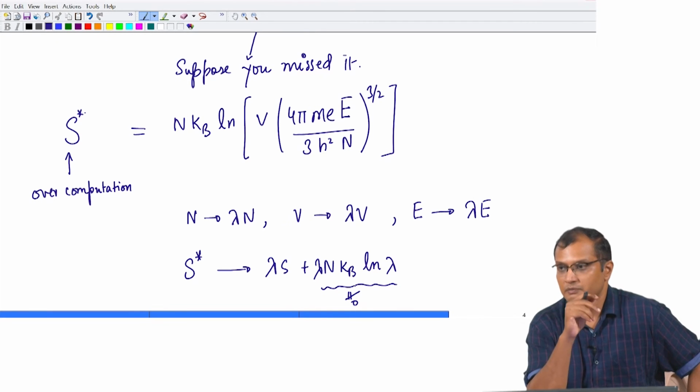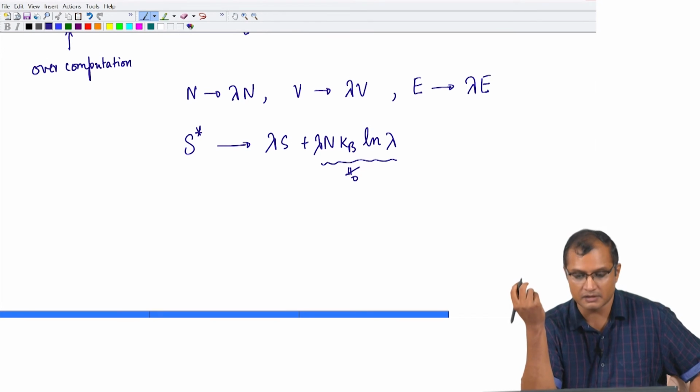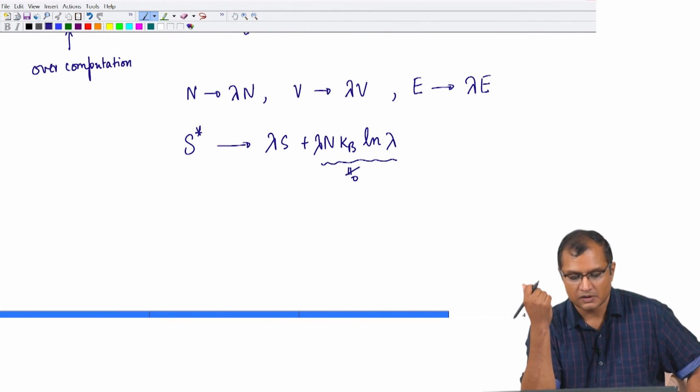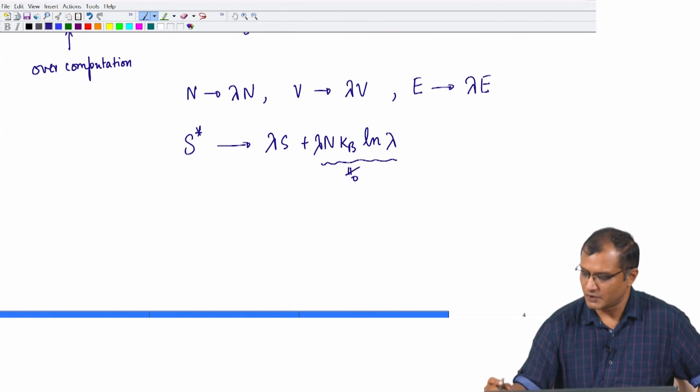That is how I say that my entropy is not extensive. I got an extra contribution, and you can see this is positive in nature because I have over counted omega.